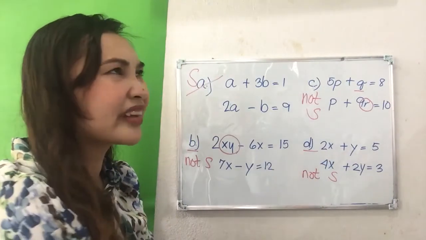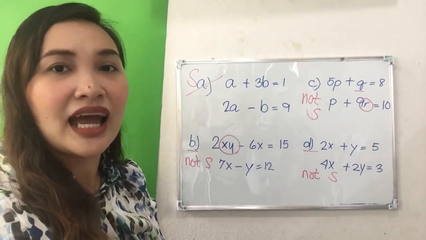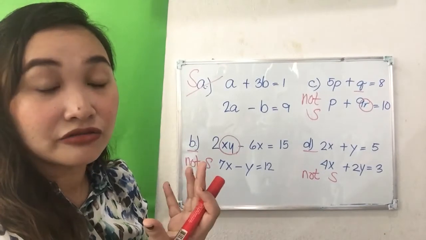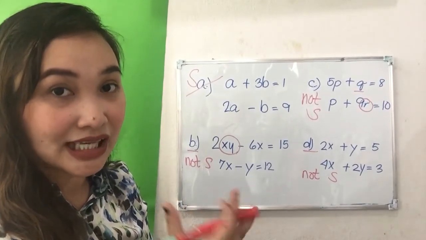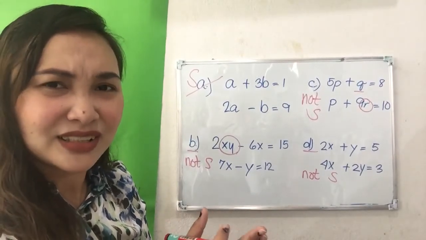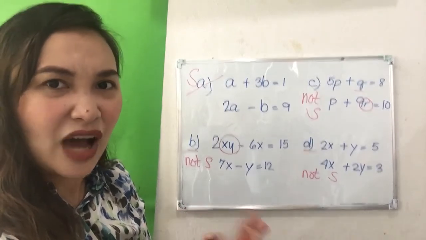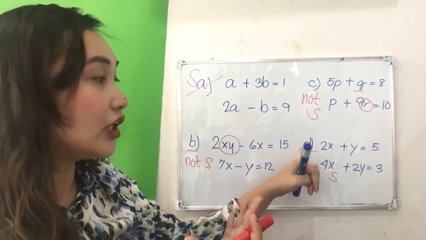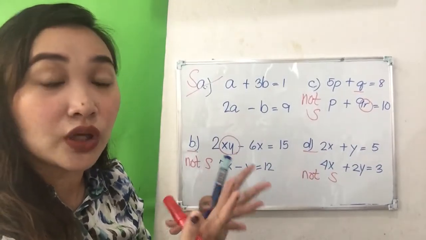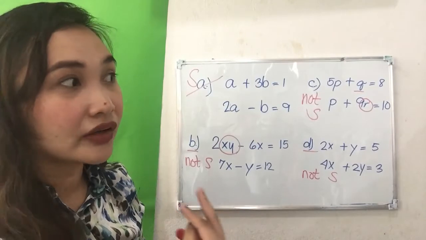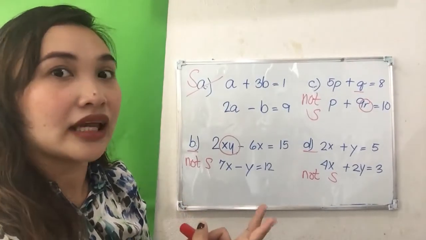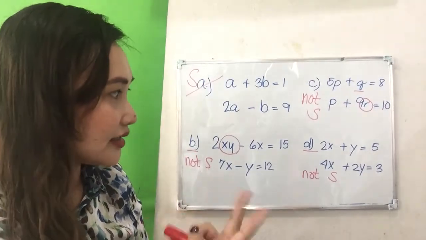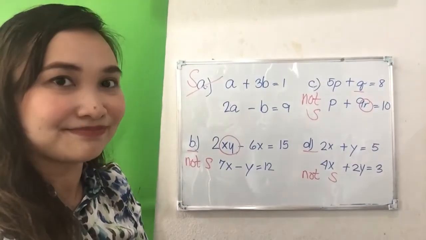All right, now, teacher, how can we check that they have the same value that satisfies the equations? That's a very good question. How can we identify if the two equations share the same value of the variables that satisfies our two equations?